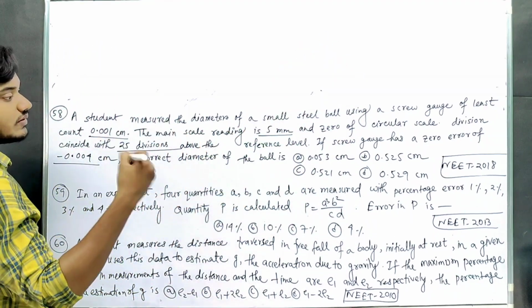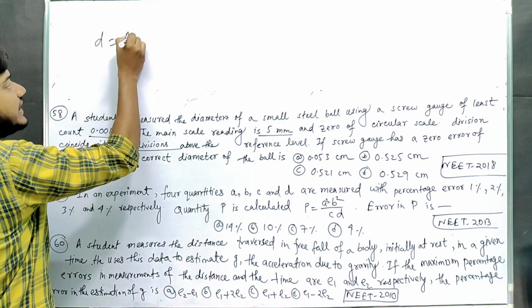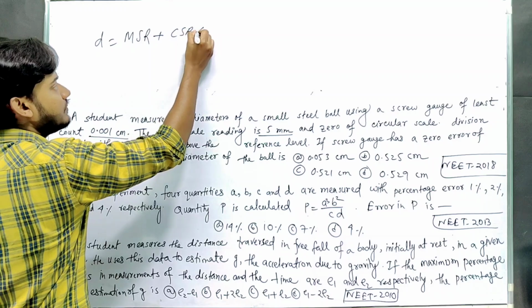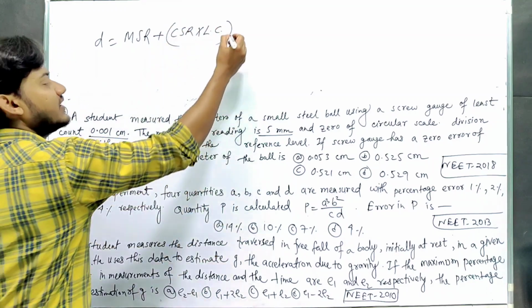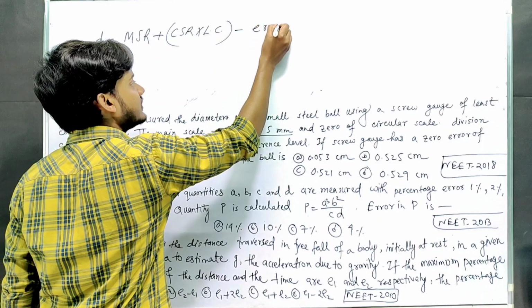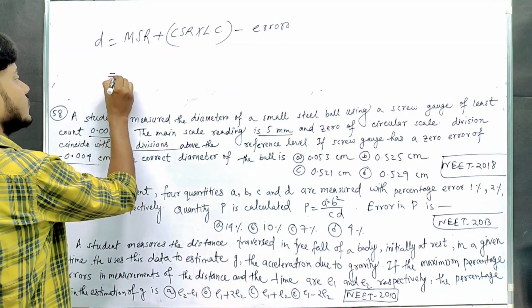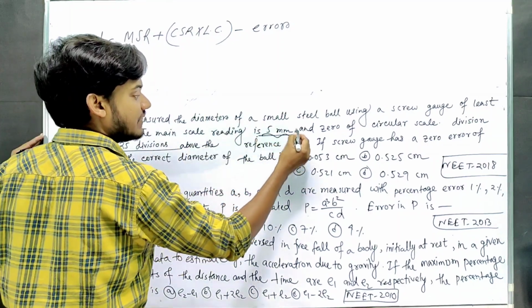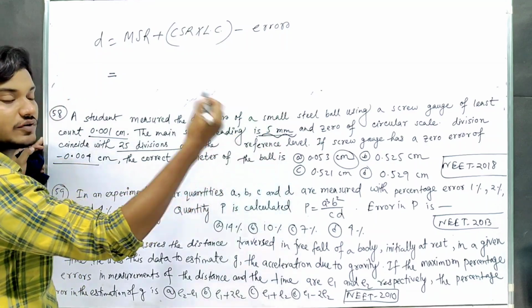We know diameter equals main scale reading plus circular scale reading multiplied by least count. If there is an error, then minus error. Okay, this is the formula. Main scale reading is 5 millimeter, but the answer is in centimeter, so you have to convert millimeter to centimeter.